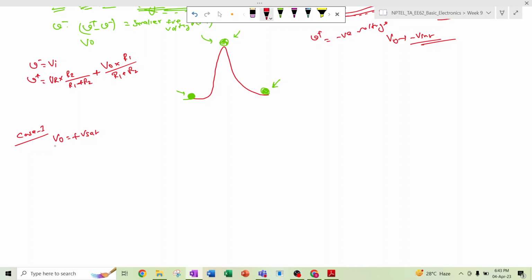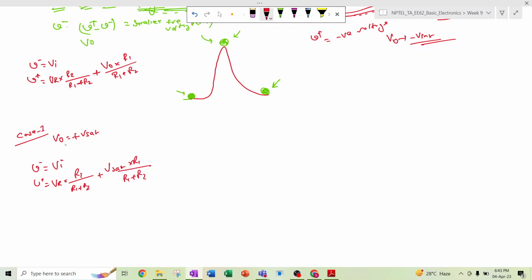So in case 1 we consider it to be in the plus Vsat condition. So this V minus is Vi and this V plus is VR into R2 divided by R1 plus R2, plus Vsat into R1 divided by R1 plus R2.